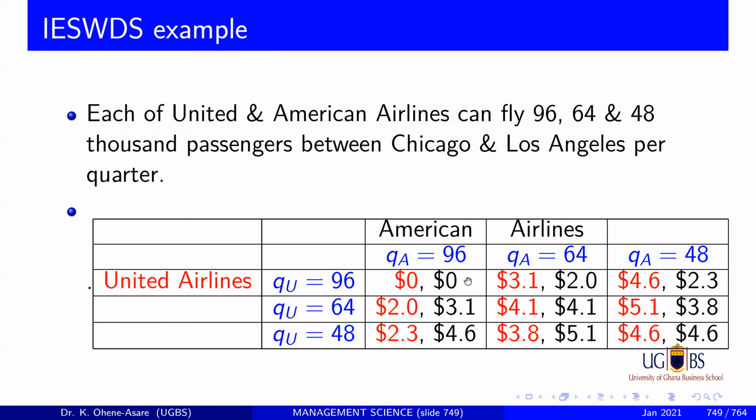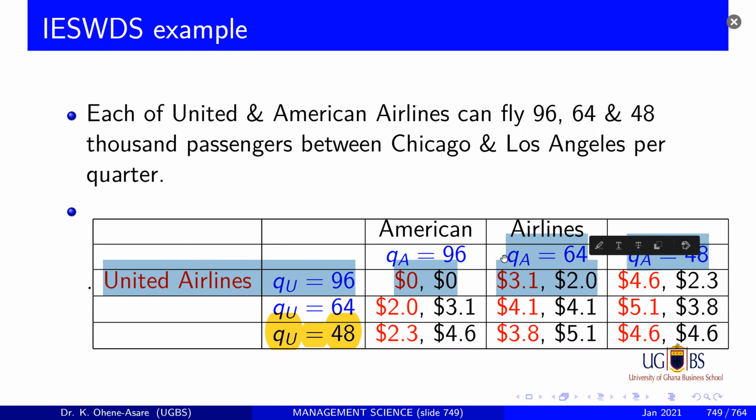Now, if United Airlines should fly 48,000 passengers, and American Airlines rather flies 64,000 passengers, then American Airlines is going to make more profit of $5.1 million, while United Airlines makes $3.8 million.